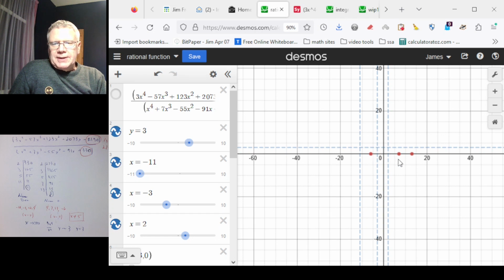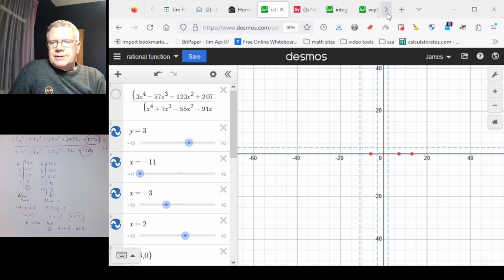The other ones you can sort of take a guess here, but sometimes you need to fill in a point. The other thing you can do is this: just because you're approaching 3 doesn't mean you don't cross 3. So let's see whether we cross the horizontal asymptote.